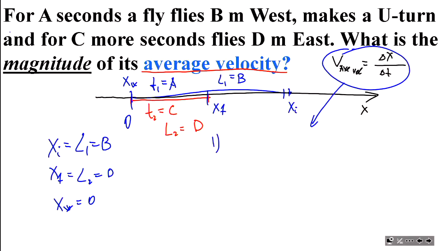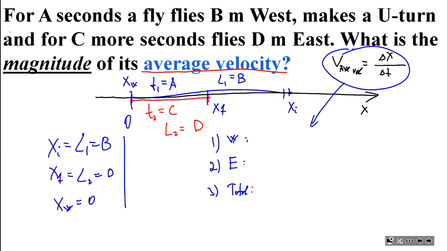First we can apply it to the motion due west, second to the motion due east, third to the total trip. The same equation, but when we apply it, of course, we will have to use specific numbers or variables related to those quantities.